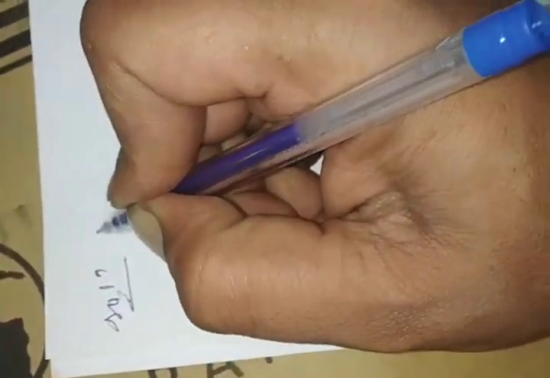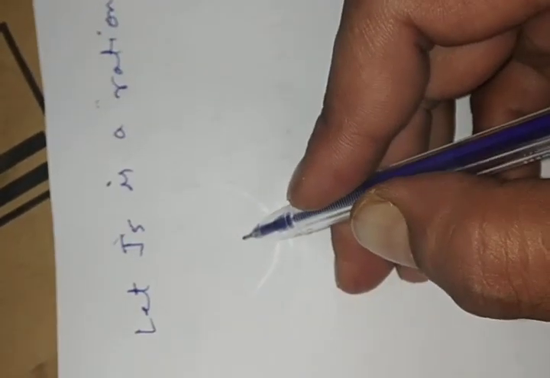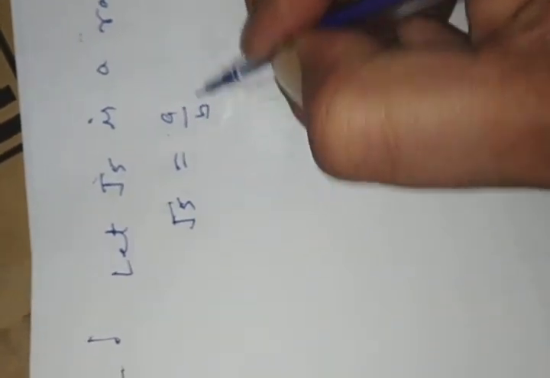Solution. Let root 5 be a rational number. Now, if root 5 is a rational number, then root 5 is equal to a upon b.